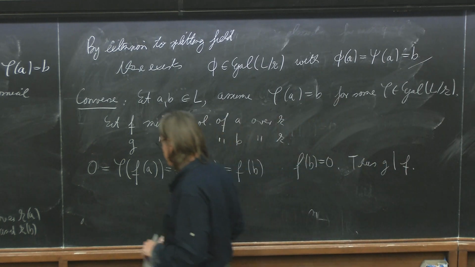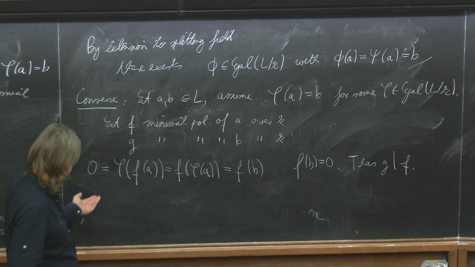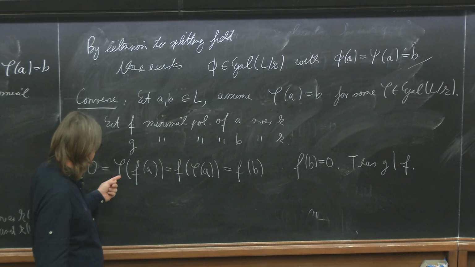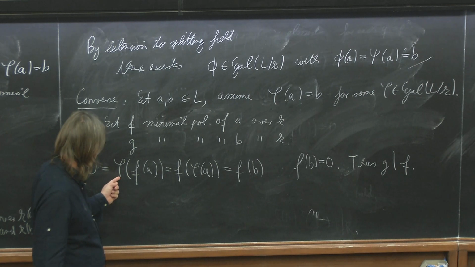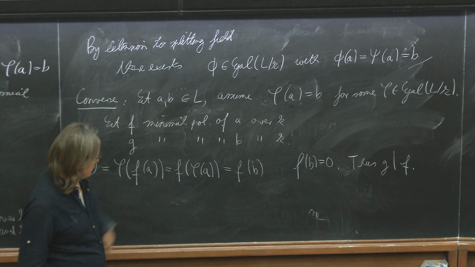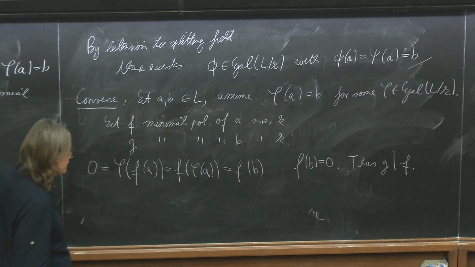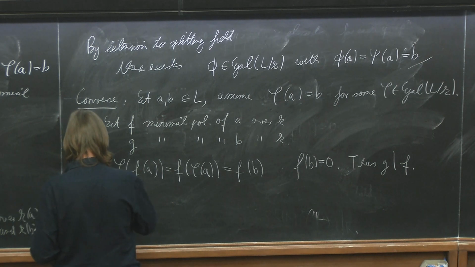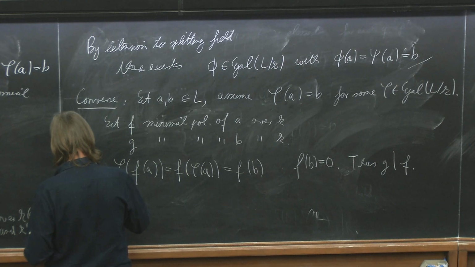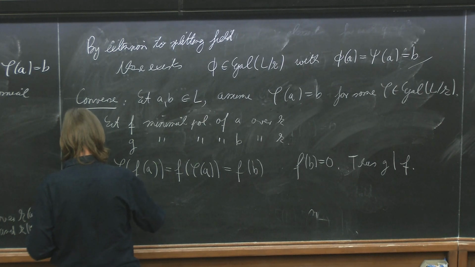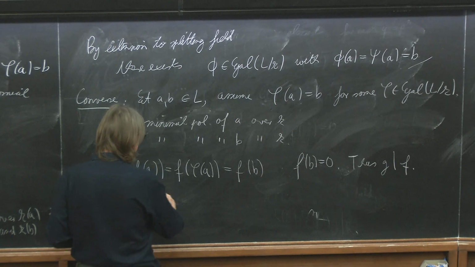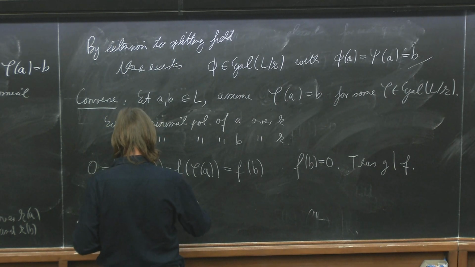Obviously, we can exchange. We can, for instance, use phi to the minus 1, which sends b to a. And so in the same way, using phi to the minus 1, we get f divides g.